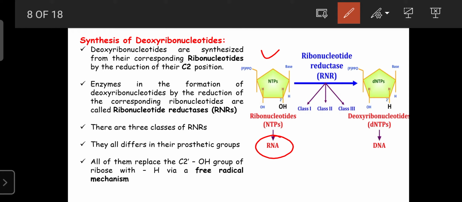Then those ribonucleotides are involved in the formation of the base pair in the RNA. The same ribonucleotides are also required for the conversion into deoxyribonucleotides, and these deoxyribonucleotides are required for the formation of the base pair in the DNA.